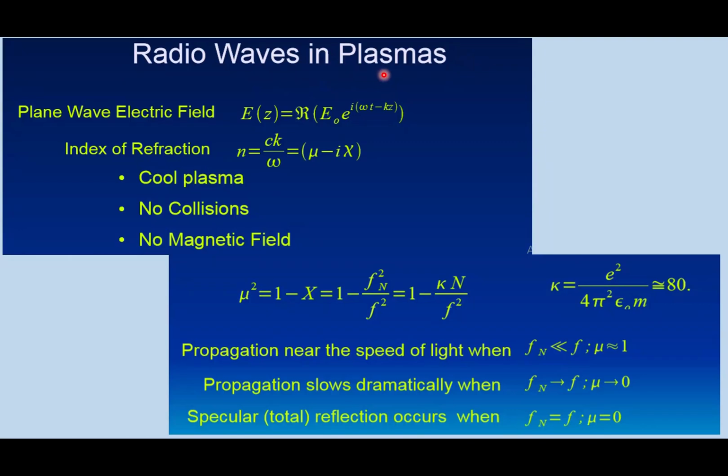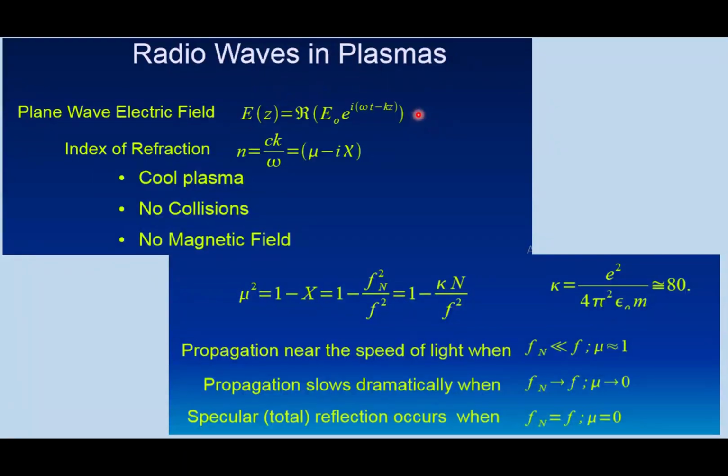You know, an electromagnetic wave has an electric field component E and a magnetic field component B, which are both perpendicular to each other, and they themselves are perpendicular to the direction of propagation of the wave.